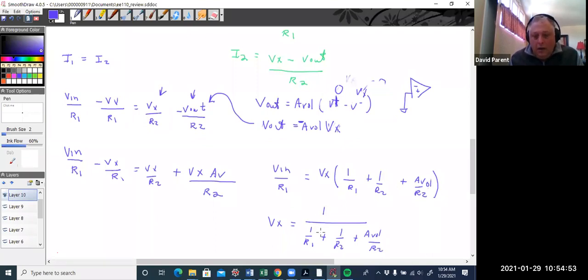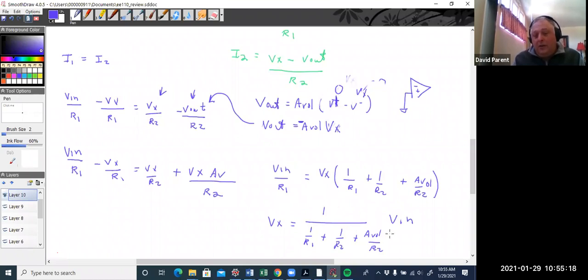All right, so now I've solved for Vx. And R1 is a finite value. Great. So 1 over R1 is a finite value. Same thing with 1 over R2. That's a finite value.